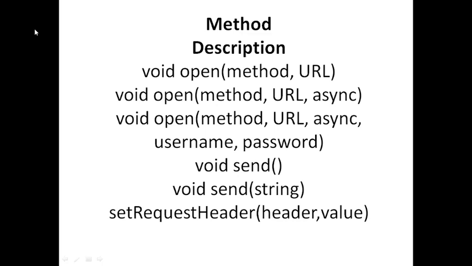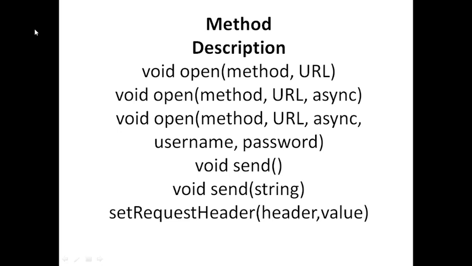What are the different methods used in our AJAX technology? One is the open method. We have three types of open method, and it depends upon the parameters. In the first open method, the first parameter is the method, whether it is the get method or the post method.